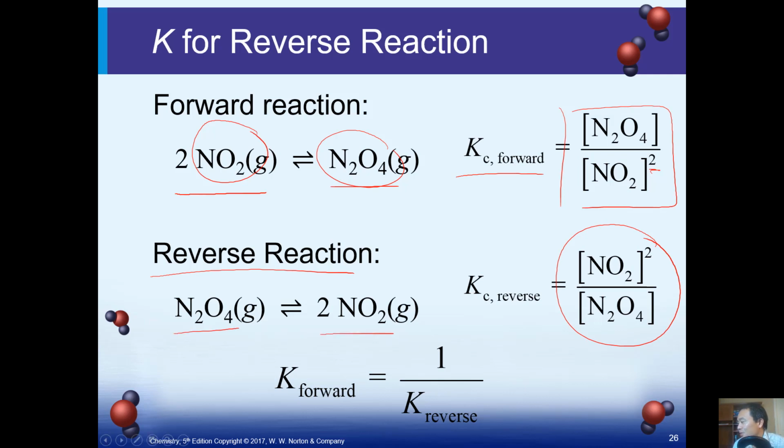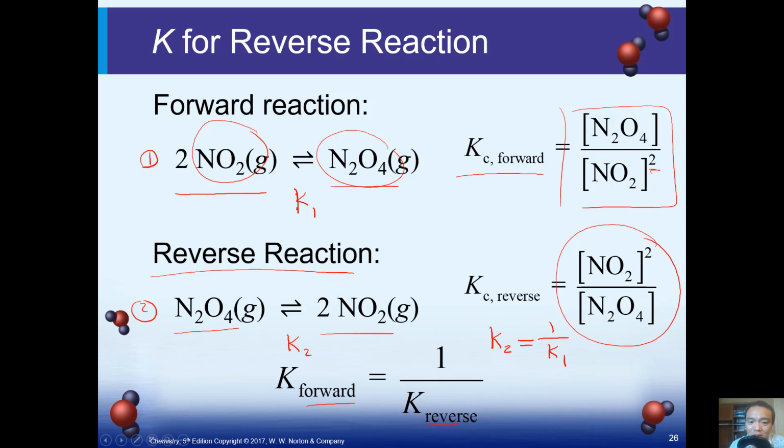As you notice, the forward reaction and the reverse reaction are inversely related. So if this is reaction 1 with K1, and this is reaction 2 with K2, this tells you that if you reverse the reaction, the equilibrium constant is inverted.